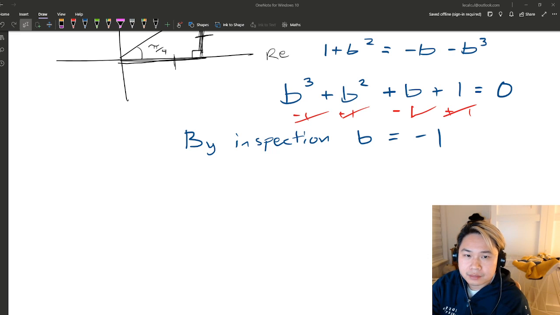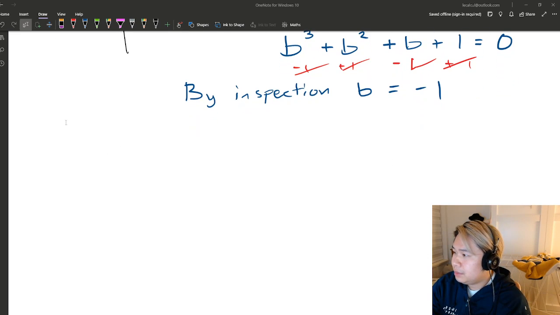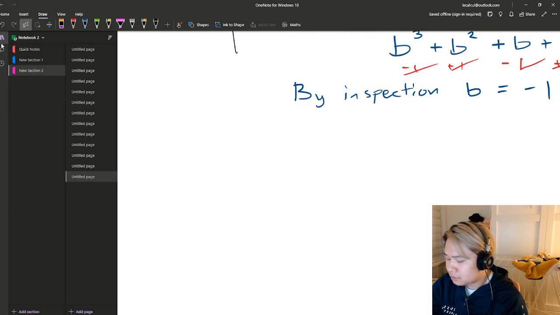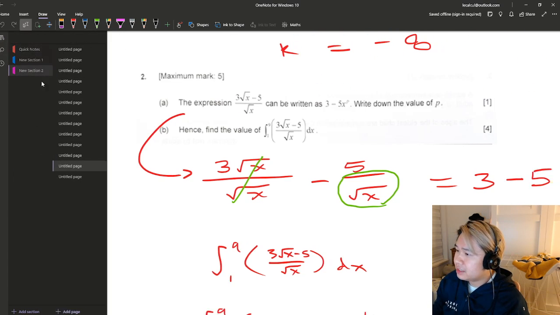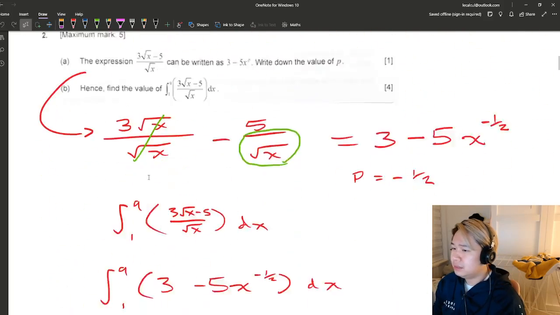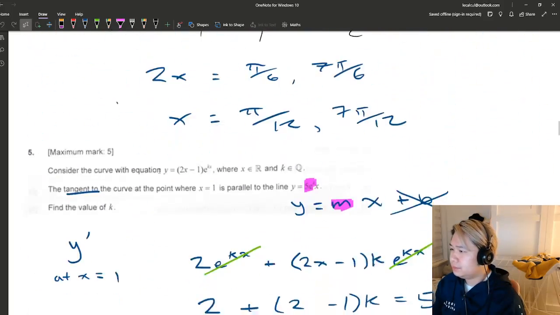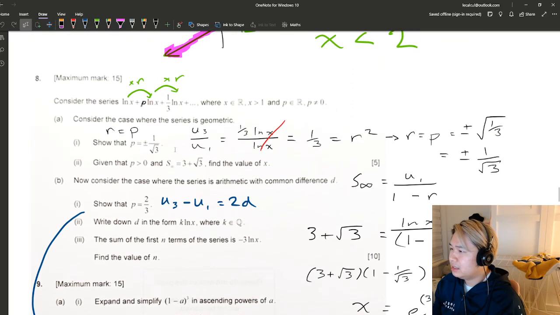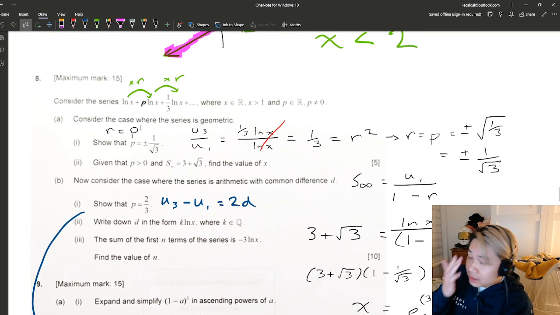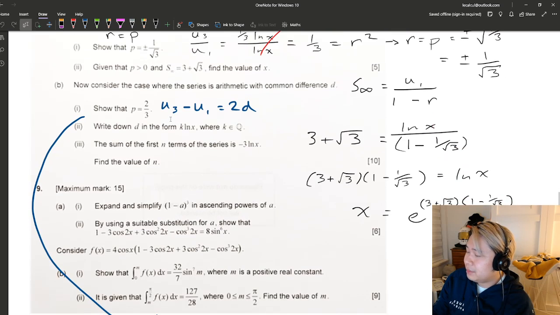Okay. And now we move on to section B. The first question is actually mostly an SL question. Let me go find it. It's the one about log. This one here, the natural log, if it's geometric, if it's arithmetic.